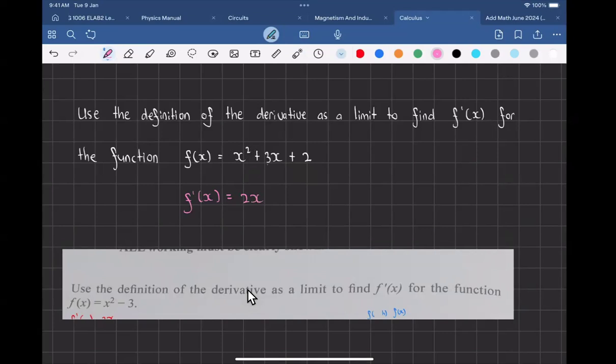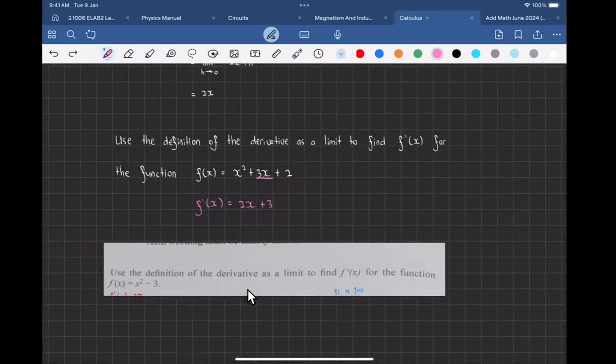And if I differentiate 3x, that's 3, and if I differentiate 2, that'll just be 0. So when you solve this question, you're supposed to get 2x plus 3. Now I want you to try this question here using limits.